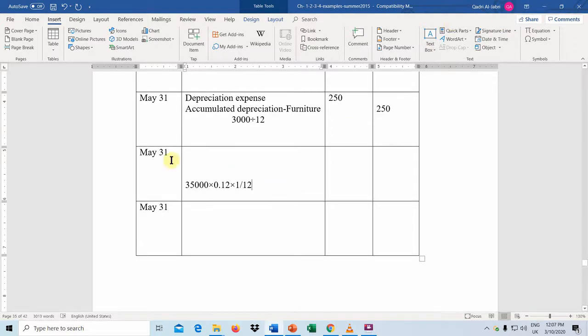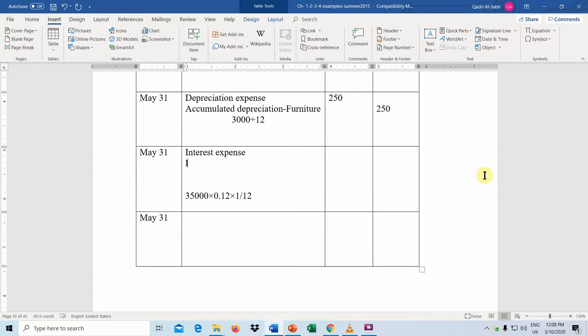So for this we will prepare interest expense, and we will credit interest payable, because interest will not be paid now, it will be paid at the end of the note payable life, and interest payable as a credit. Let's calculate this.